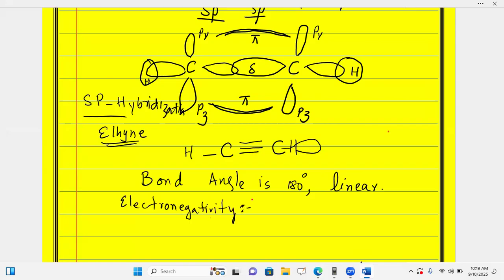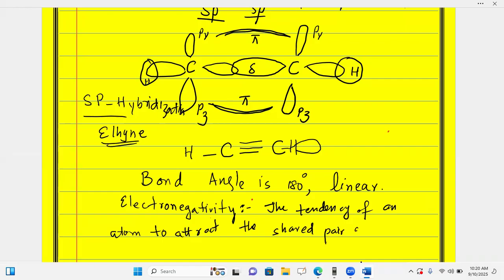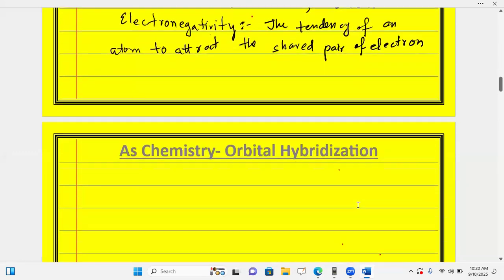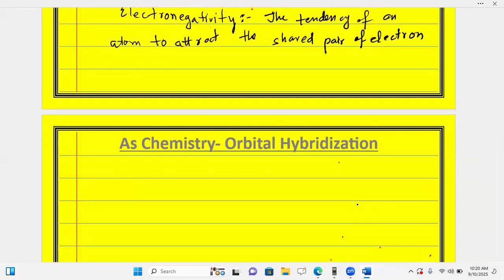Electronegativity is the tendency of an atom to attract the shared pair of electrons towards the more electronegative atom. This is called electronegativity.